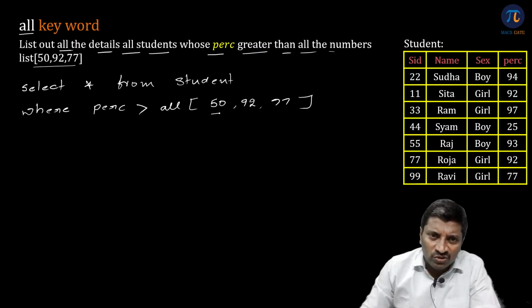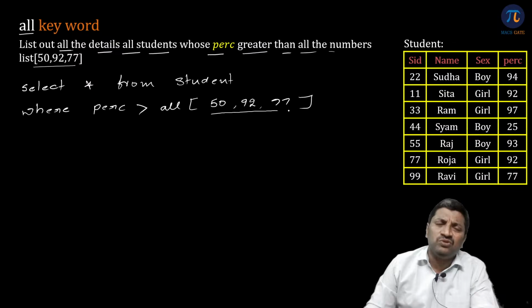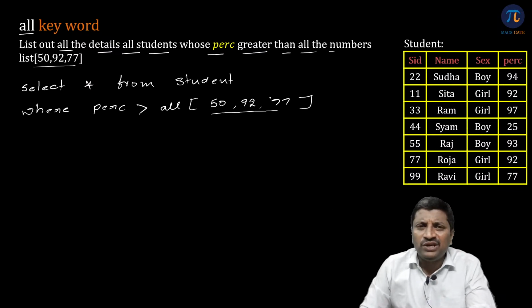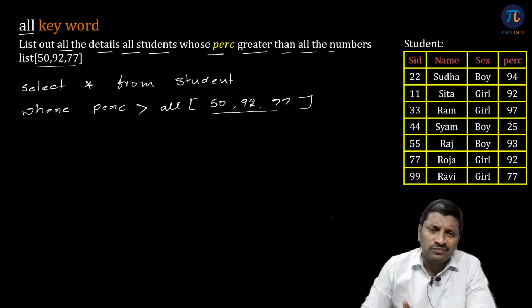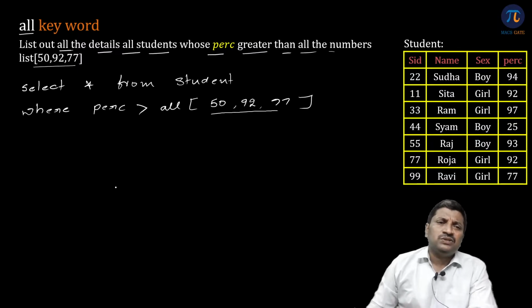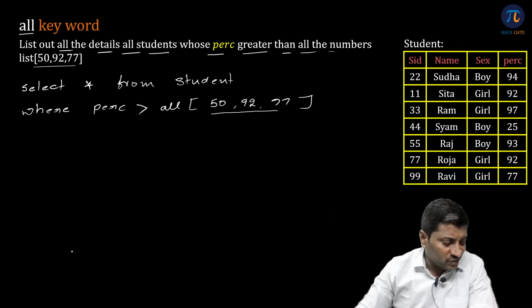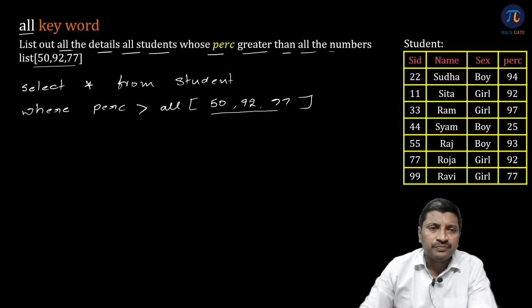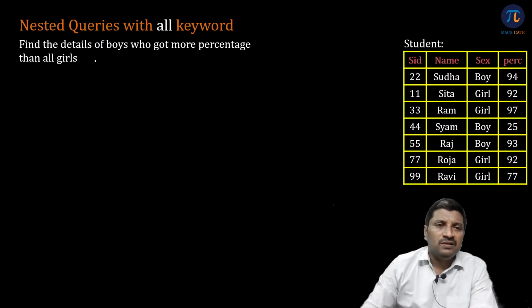Now, if I don't know these numbers beforehand, what do we do, sir? We write another query to get those numbers. That's it. So, let us discuss that example. Find the details of boys who got more percentage than all the girls.